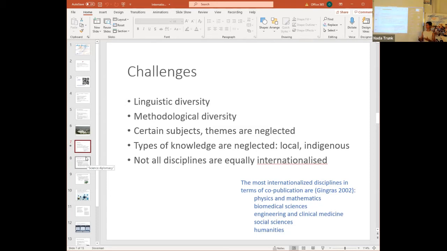It's much easier to do some kind of bibliographic research or some kind of quantitative research, whereas, and I'm not going to be simplifying it too much, certain methodologies are definitely not as prominent in the invisible college. And certain subjects and themes get neglected as well. Likewise, certain types of knowledge get neglected.